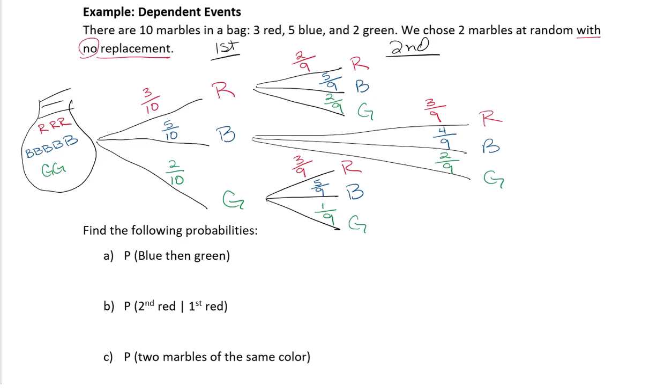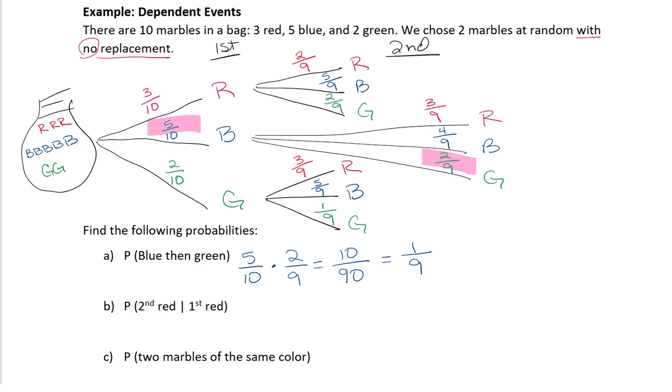So now we're asked to find the following probabilities. The probability that it's blue and then green. So that's the probability that our first pick would be blue, times the probability that once we pick blue, our second one is green. So notice we stay along the track of the blue as the first, and then green means we have 2/9, which gives us 10/90, which reduces to 1/9 as our probability.